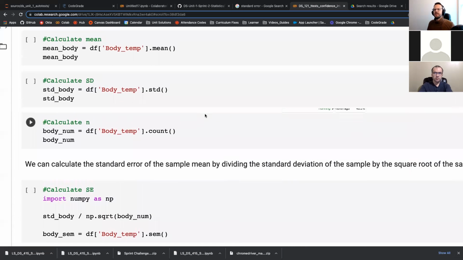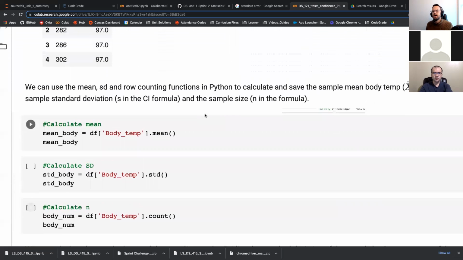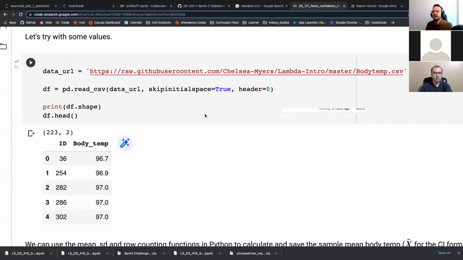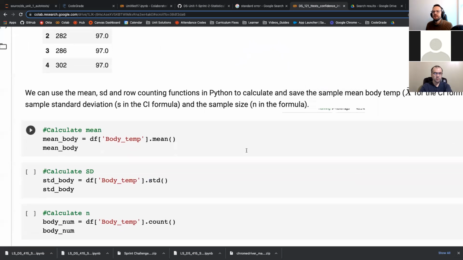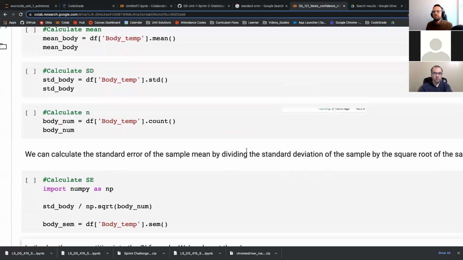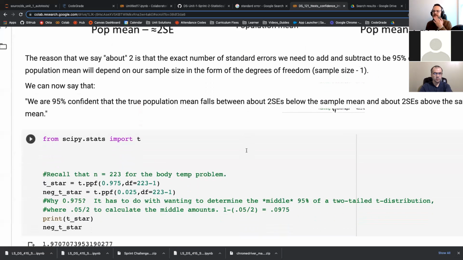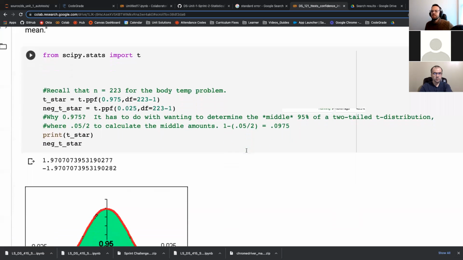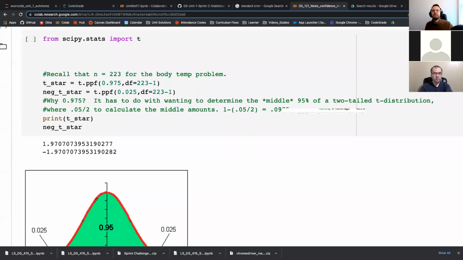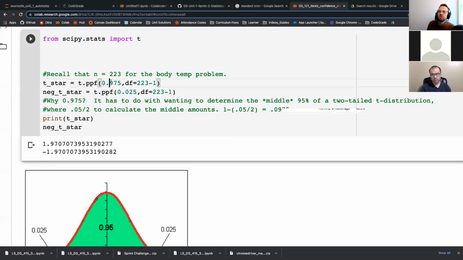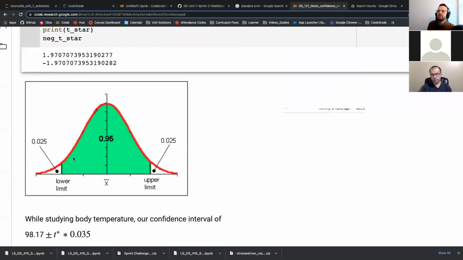There should be a package that I may need to look up to remember exactly which one it is. But the method we talk about in class to show you how to calculate that population level is the percent point function, which essentially takes a look at the number of values you're working with and returns that T star value.